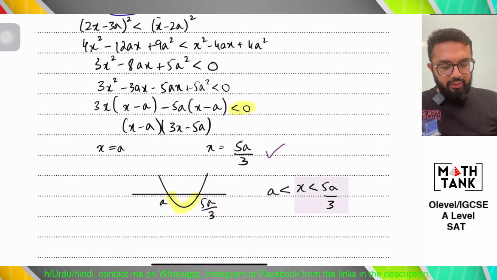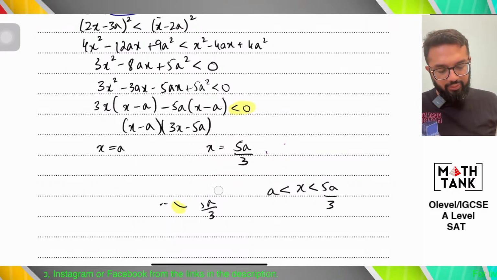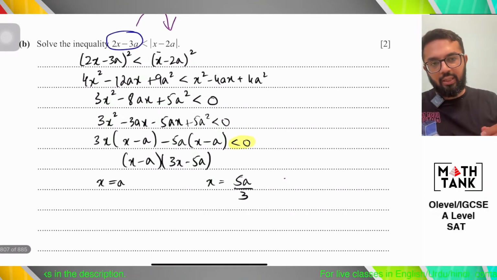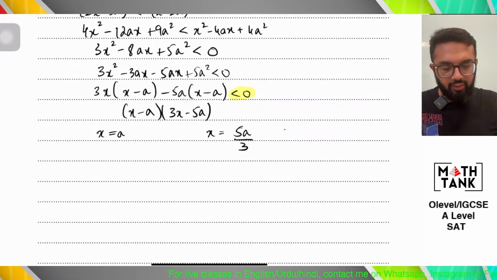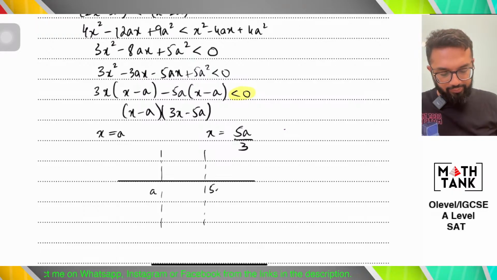In any case, if you have done squaring both sides like I have done, I've told you this before: whenever you have a modulus on one side and an expression on the other, you should be verifying your answer. So I'm going to mark some values here. I'm going to say that this is 1.5a.